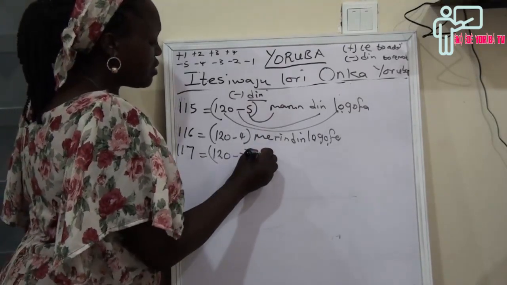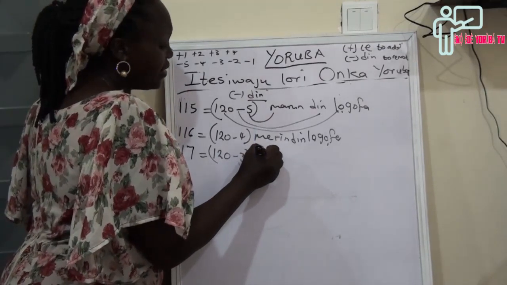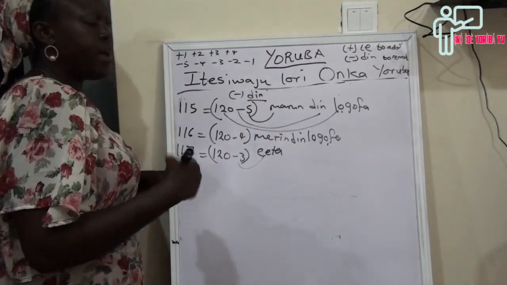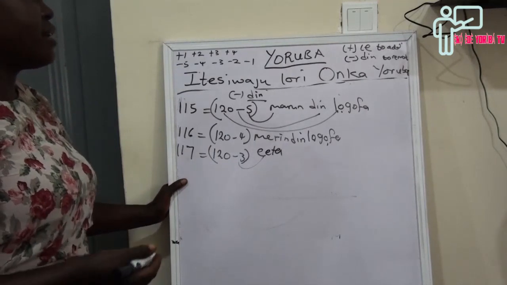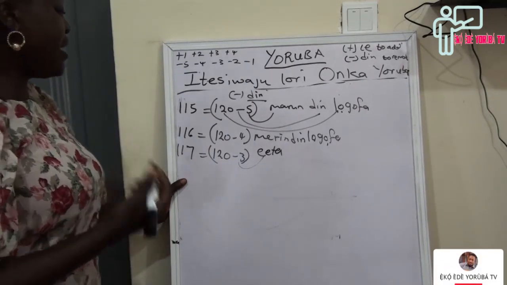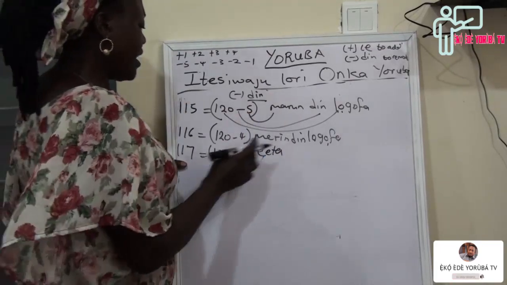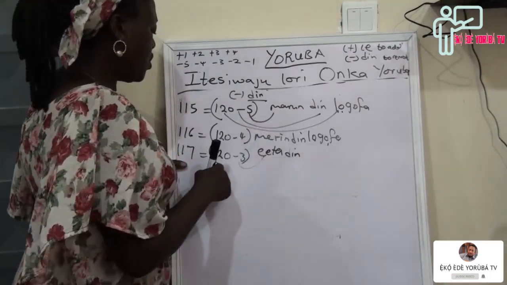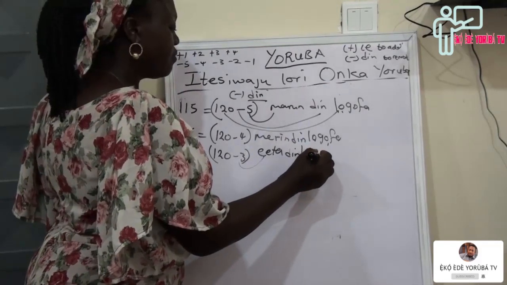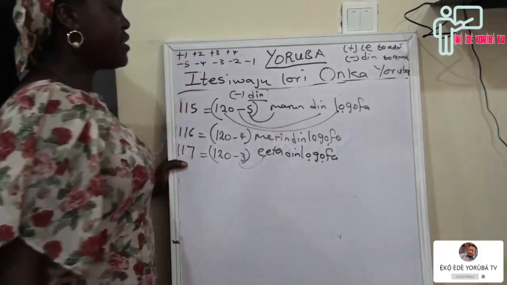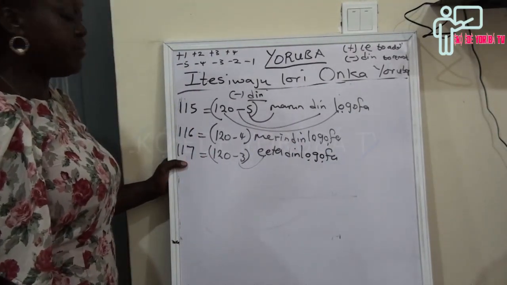So it means ẹ̀ta. Let's use ẹ̀ta. I said you can use ìkẹta, mẹ́ta, ẹ̀ta. So we now use ẹ̀ta. Ẹ̀ta dín lọ́gọ́fà.